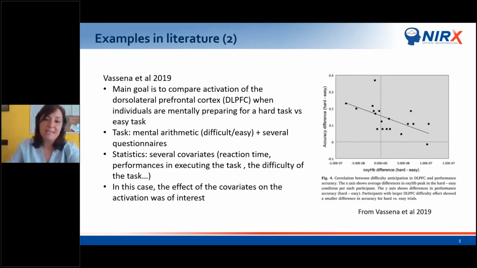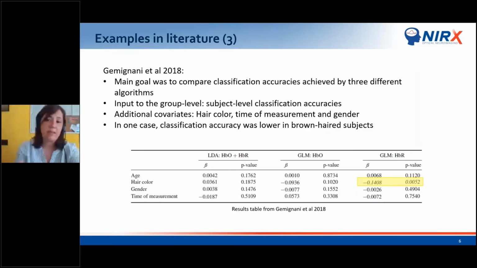A third and last example is our work that we did at NIRx when we wanted to analyze the performances of 3 different algorithms. Before comparing them, we checked that these performances were actually independent of the characteristics of the subjects. We wanted to exclude the possibility that they were depending on the characteristics of the subjects.